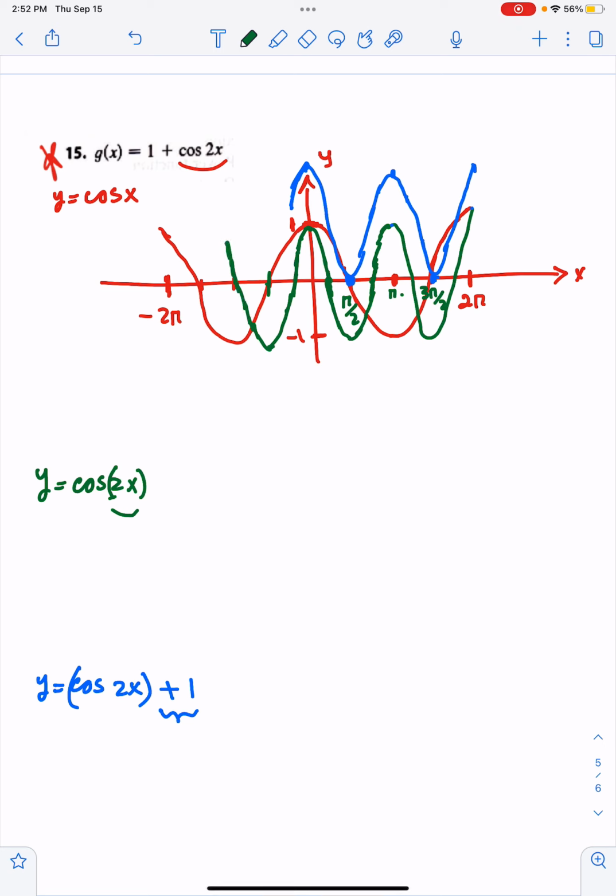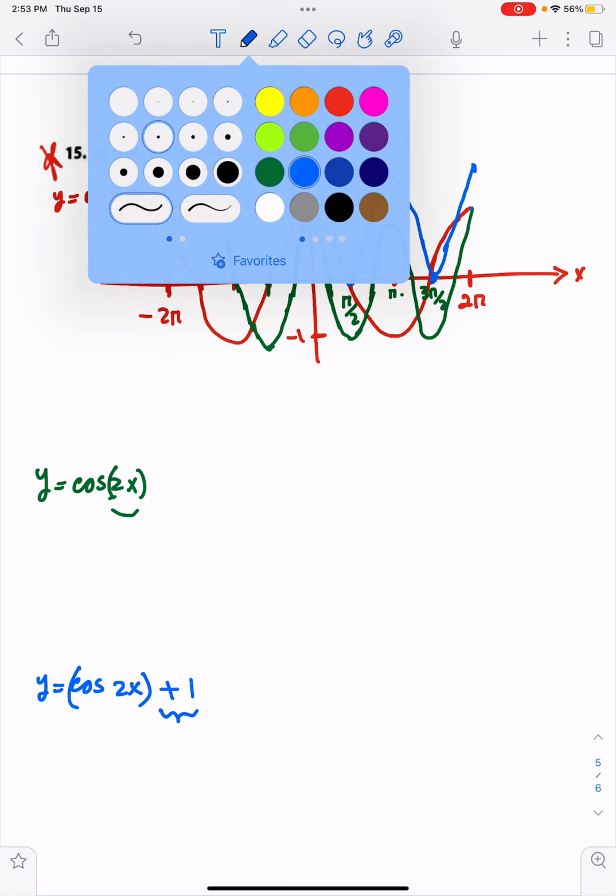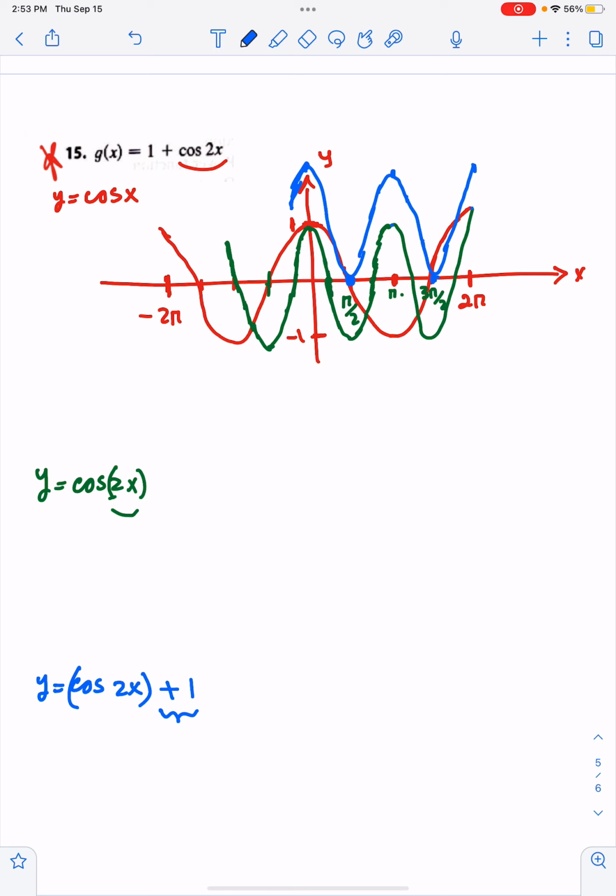So now you're going 1 unit up. And this is going to be the graph of cosine of 2x, and then added 1. So this one means up 1, and this one, multiplying by 2, means compressing along the x-axis, and this is the parent function.